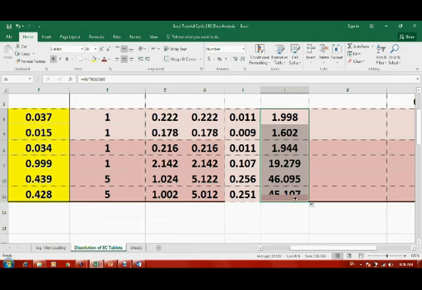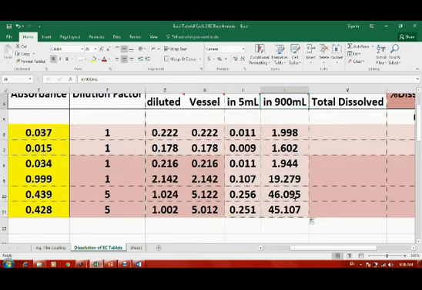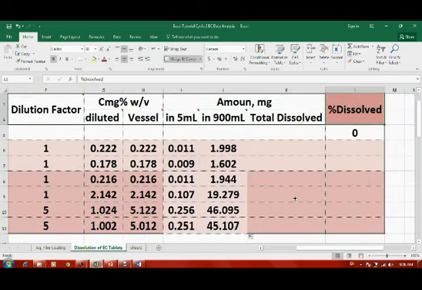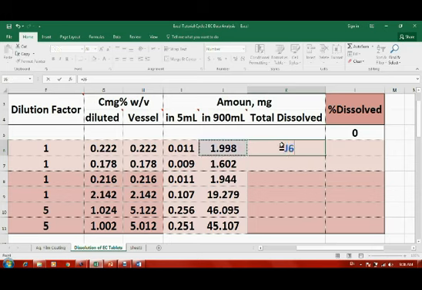Now, we will calculate the amount in 900 ml, and 900 ml is the total medium volume we used in the vessel during testing. Then, how to calculate the total amount dissolved? Notice here that this calculation will differ based on the sample time.